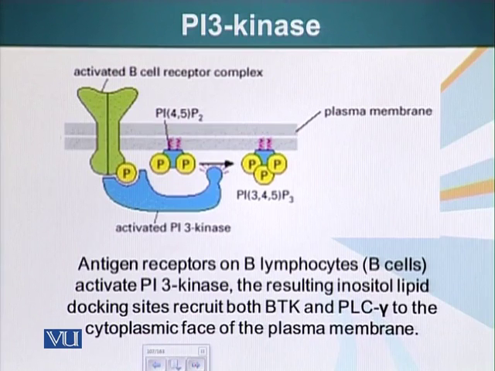Here's our PI3 kinase. In this case, the cell is a B cell. We know B cells secrete antibodies which help us defend ourselves against pathogens. When the B cell receptor gets activated, there's a phosphate group addition to the cytoplasmic domain of this receptor.